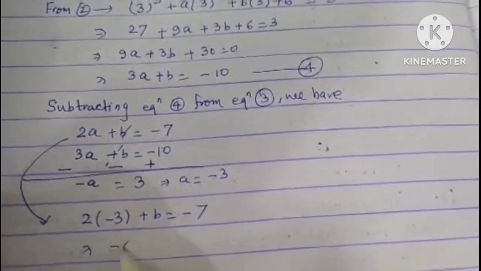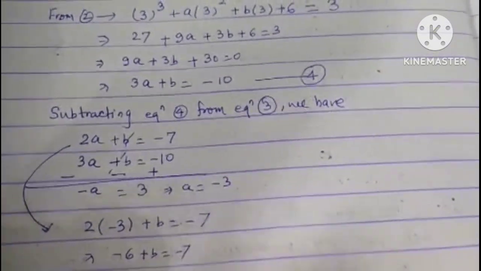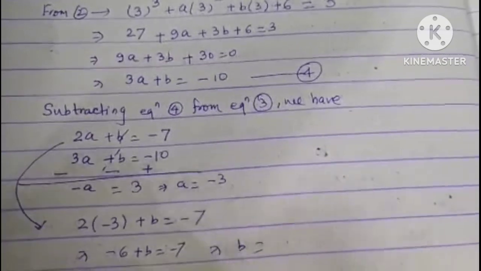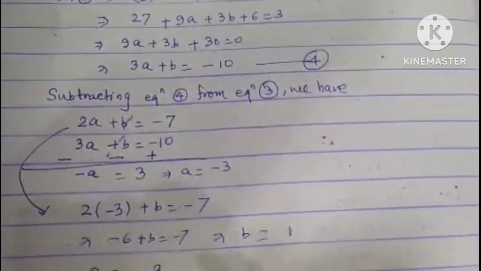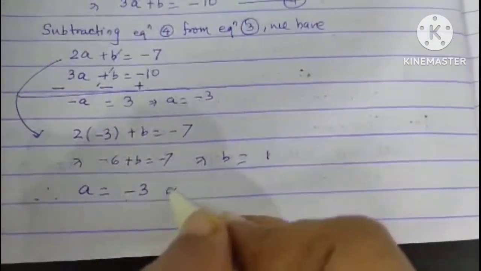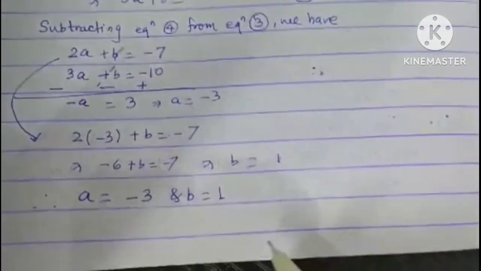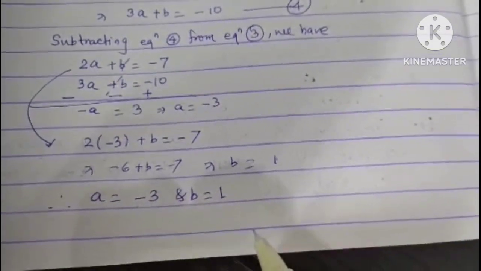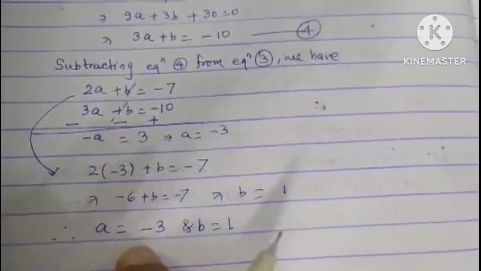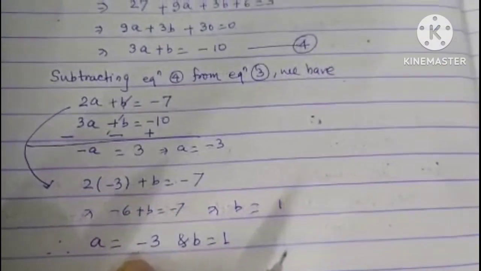This implies minus 6 plus b equal to minus 7, so b equal to 7 minus 6, that is 1. Hence a equal to minus 3 and b equal to 1. This is going to be our answer.